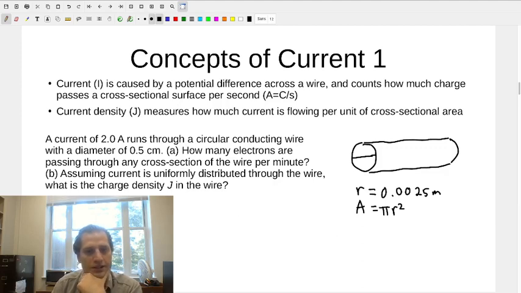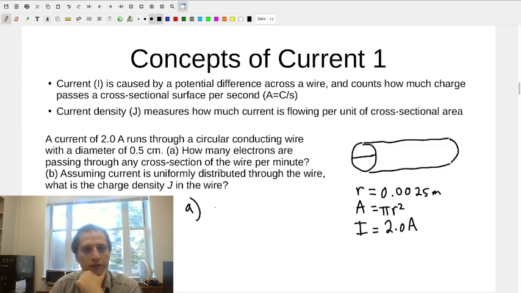And then if you ask A, how many electrons are passing through any cross-section of the wire per minute? Well, you have I is 2.0 amps. And of course, we're seeing our perennial problem here, which is that we have variables which also look like they have the same symbol as the units. But in any case, how many electrons are passing through any cross section of the wire per minute would be a question about current.